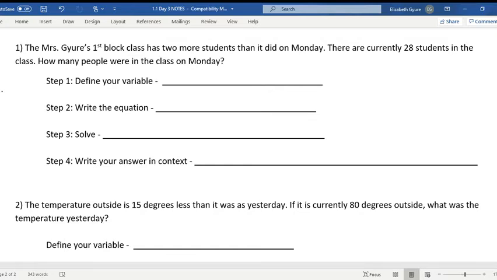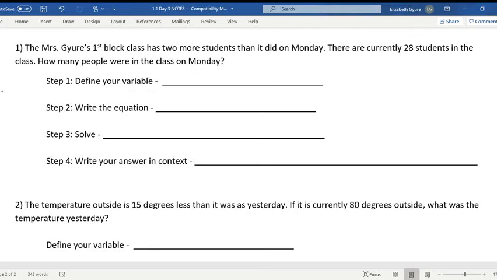The objective is to dissect it, and we're going to define a variable, write an equation, and then solve it. If all you do is tell me how many people were in the class on Monday, you're not getting full credit, because I know that you can do 28 minus 2. That's not the objective.